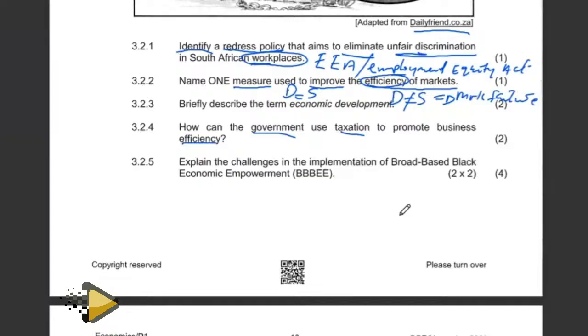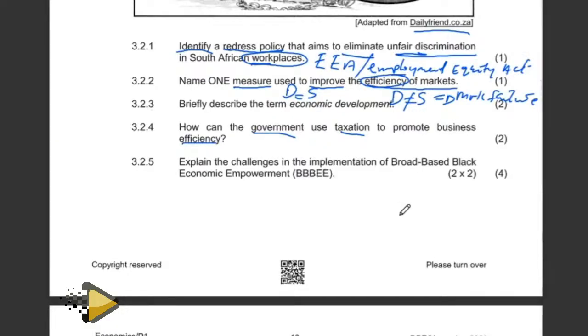So now, if you still remember, taxation is one of the instruments of fiscal policy, and fiscal policy is the policy that the government normally uses so as to stimulate the flow of goods and services, also to stimulate the economy. So it depends whether the economy is at a boom or a trough that will call for the use of this fiscal policy in line with its instruments, taxation and government spending.